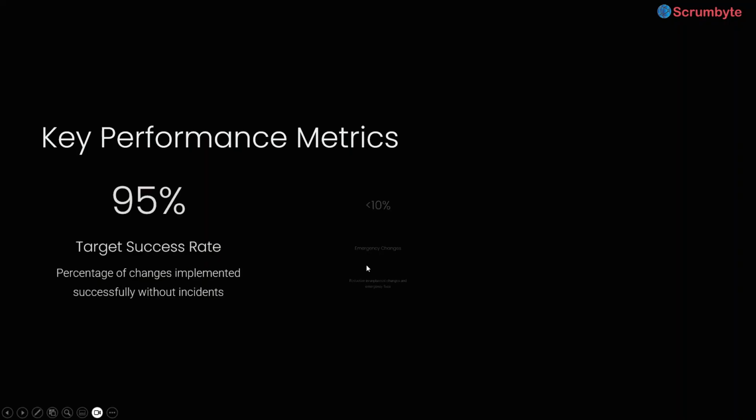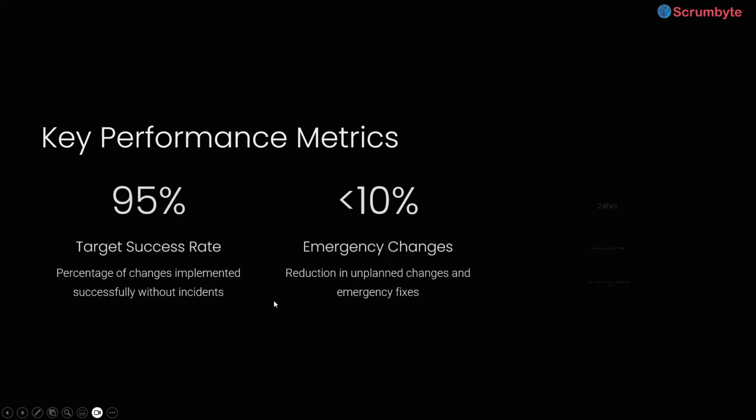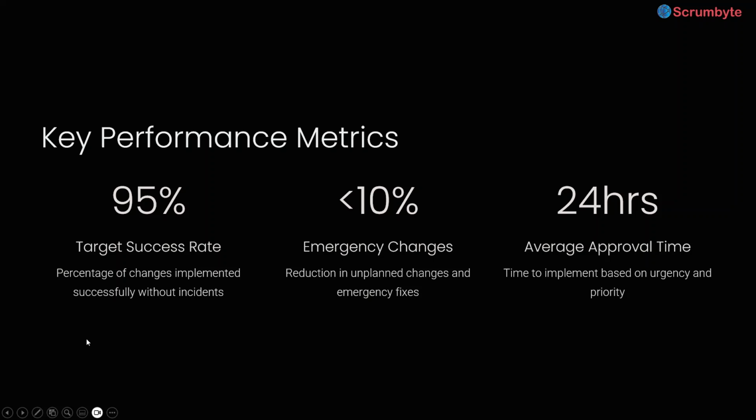These are some of the key performance metrics that we need to capture over a period of time. For example, what is the target success rate? The changes have been implemented, but after implementation, there have been no incidents.